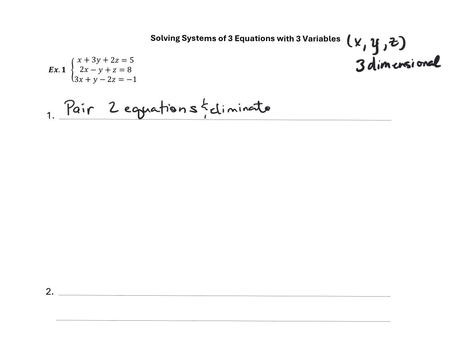Let me write that again. So pair two equations and eliminate a variable. Let's say one variable. Doesn't matter which one you choose.